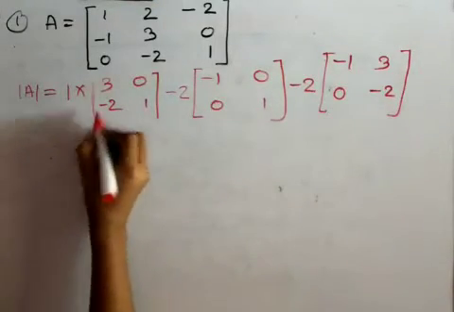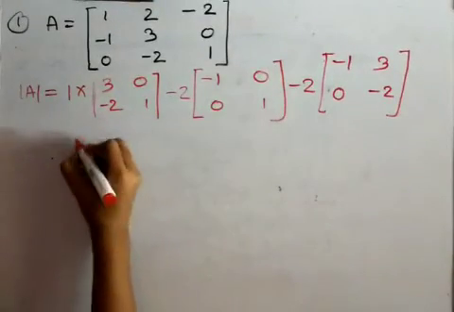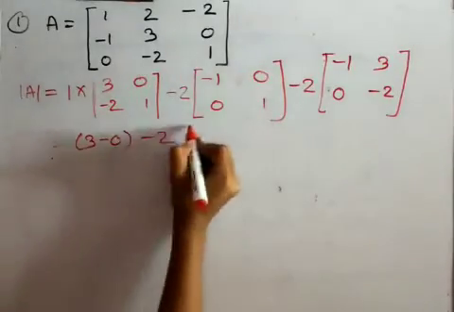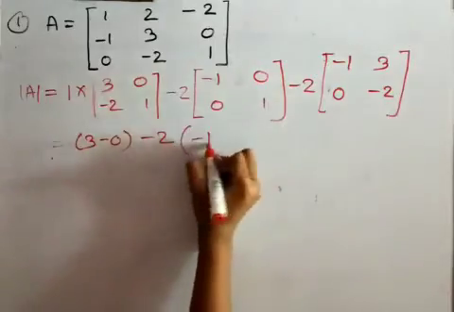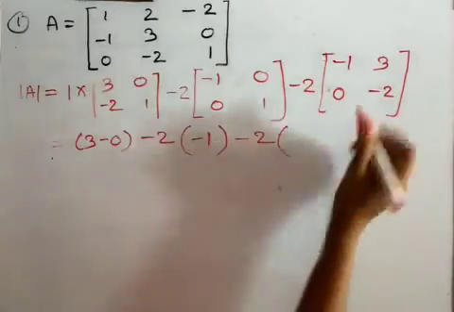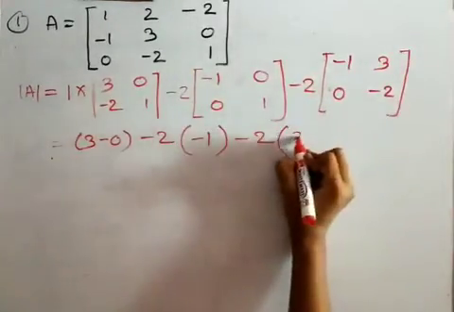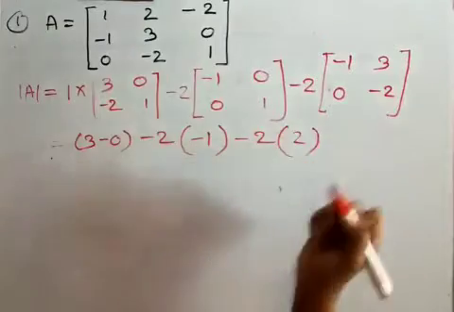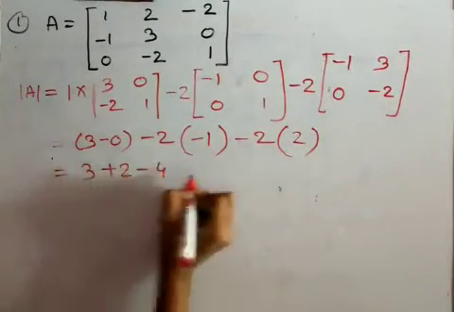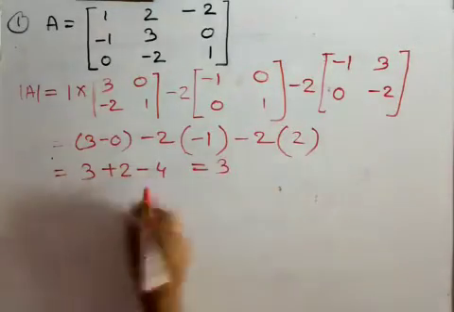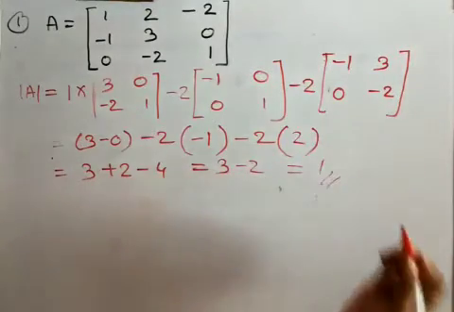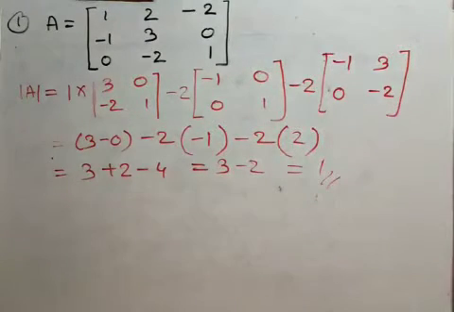So we get 3 into 1 is 3, minus 2 into 0 is 0. Minus 1 into 1 is minus 1, and 0 into 0 is 0. Minus 1 into minus 2 will be 2, and 0 into 3 is 0. So we get 3 plus 2 minus 4. First we subtract, so the answer is minus 2, and 3 minus 2 is 1. Okay, so our determinant is 1.